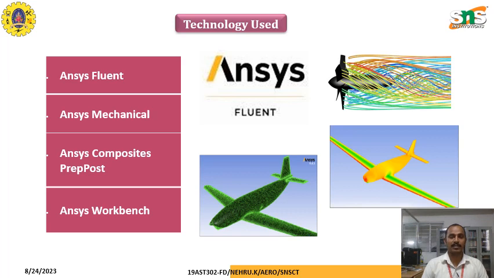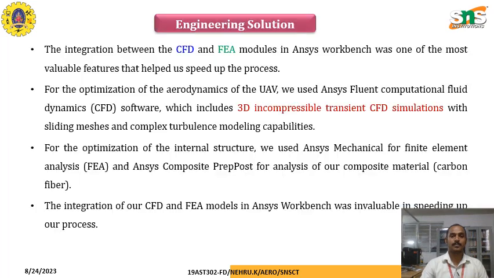They can instantly vary the material property using Ansys Composite Pre-Post and do the analysis. Whereas in Ansys Workbench, they will do all the other analysis, where they can model and remodify the design.